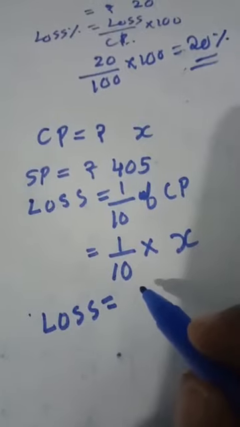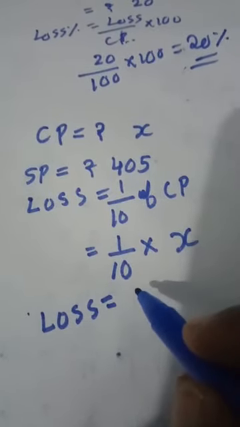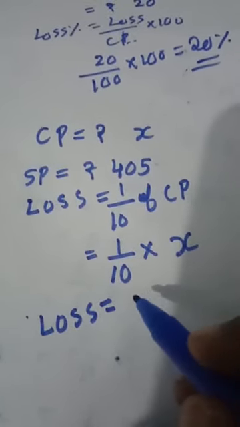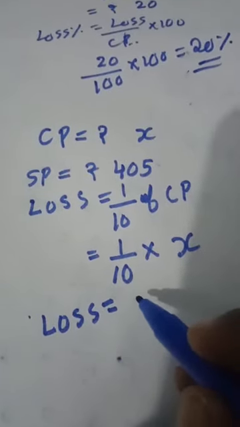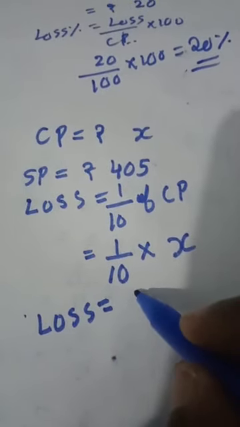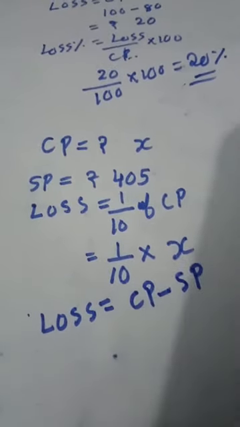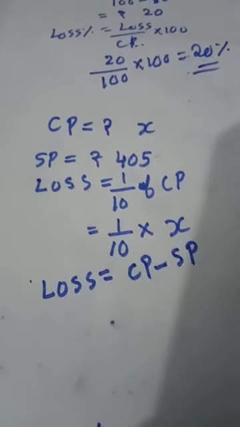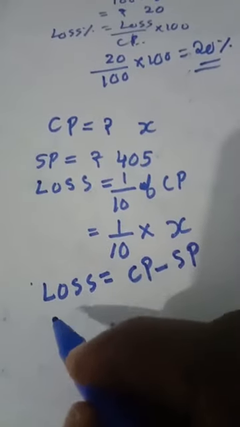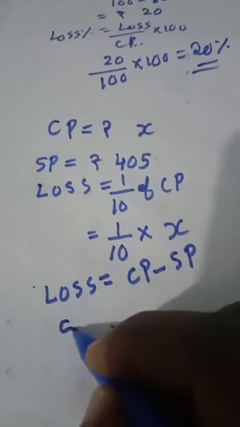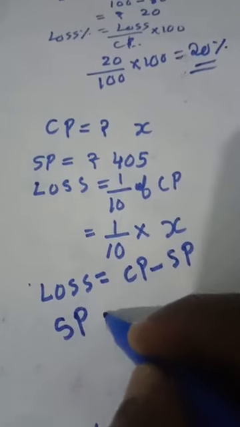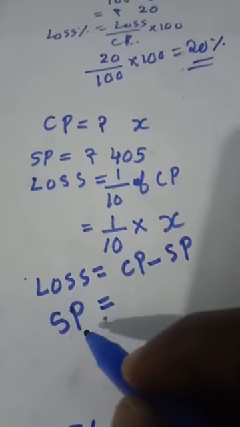We bought for a large amount and sold for a lesser amount. CP greater than SP means loss. So loss is equal to CP minus SP. From this we can find what SP is.